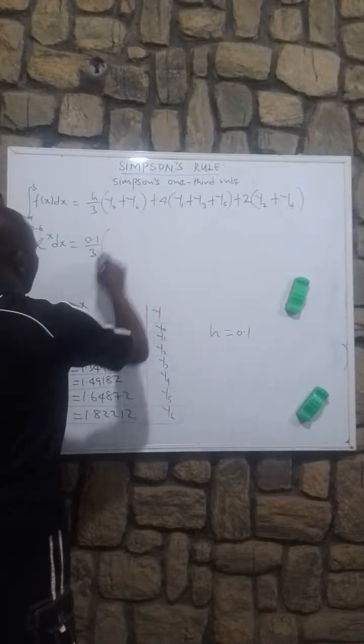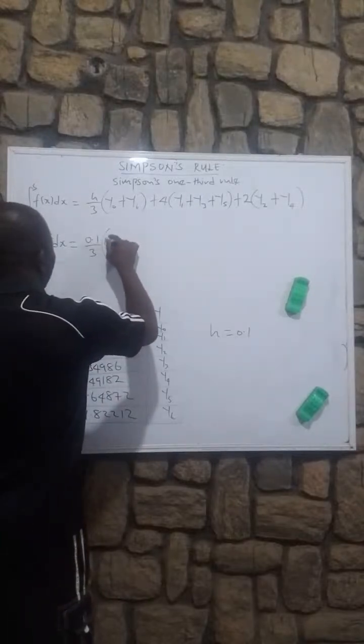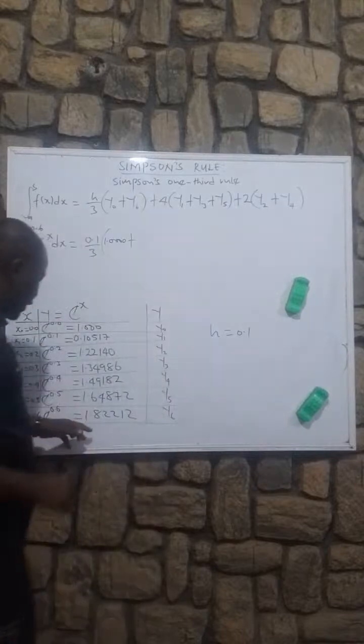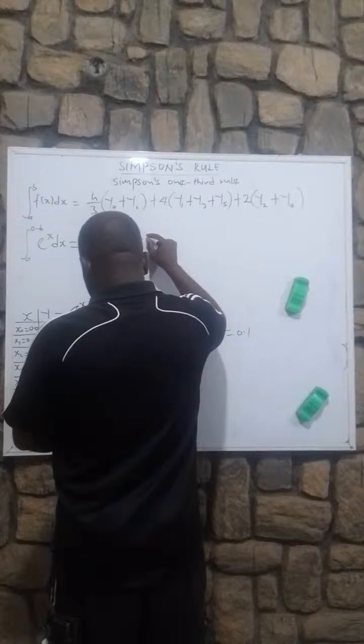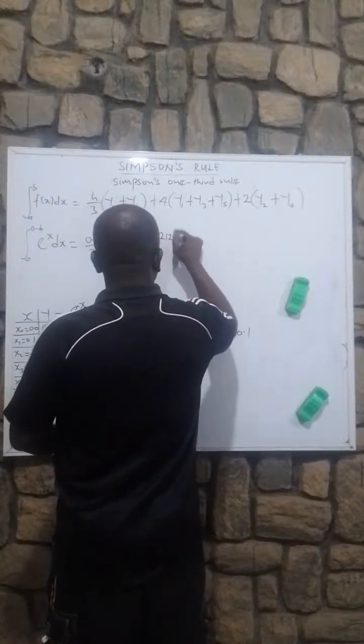Then open bracket y0. y0 is 1.000 plus y6. y6 is 1.82212.